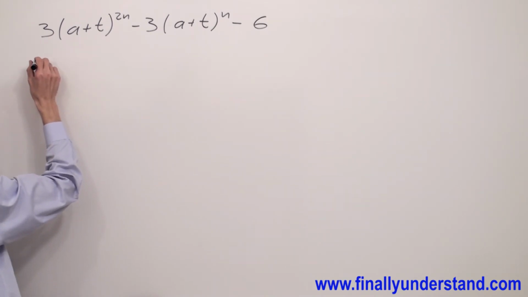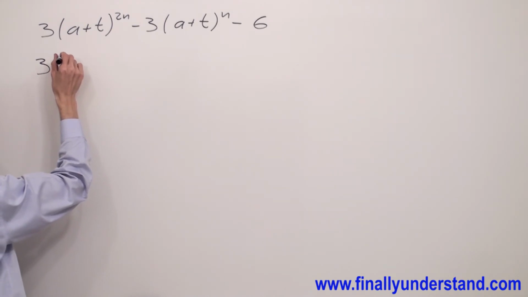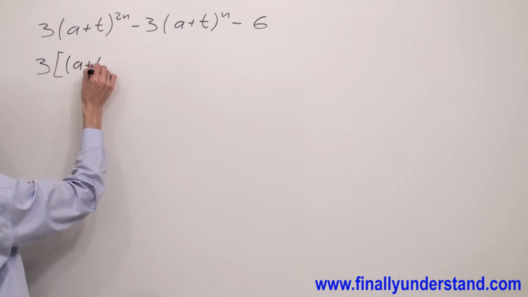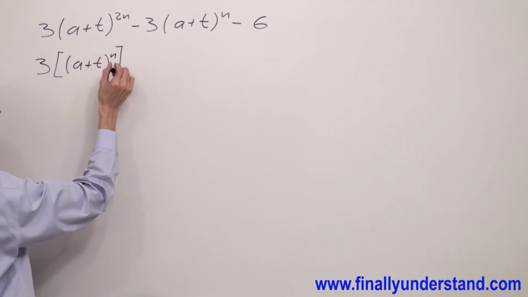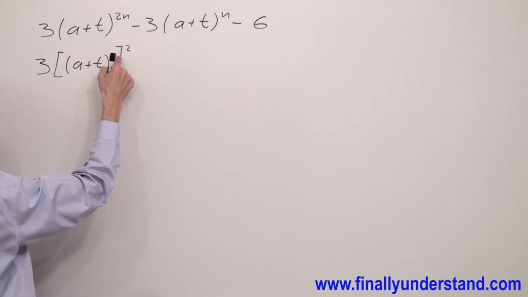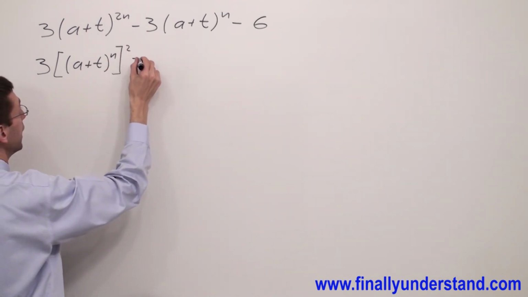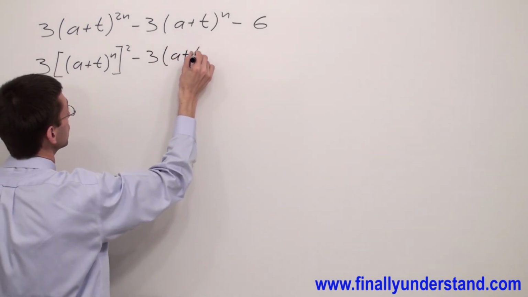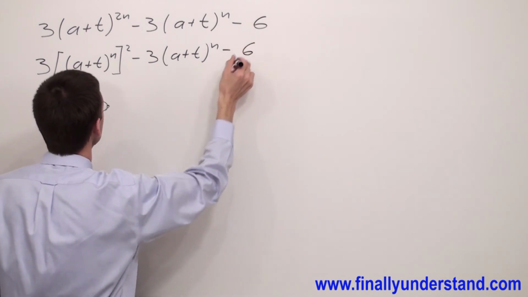I have to use the properties of exponents and rewrite this as a plus t to the n and everything raised to the second power. This is basically the same thing because n times 2 gives me 2n, minus 3 times a plus t to the n, minus 6.